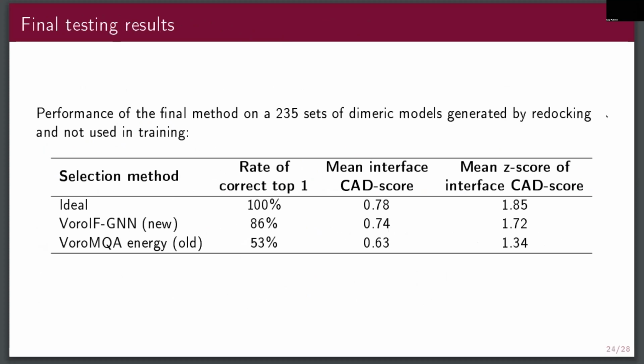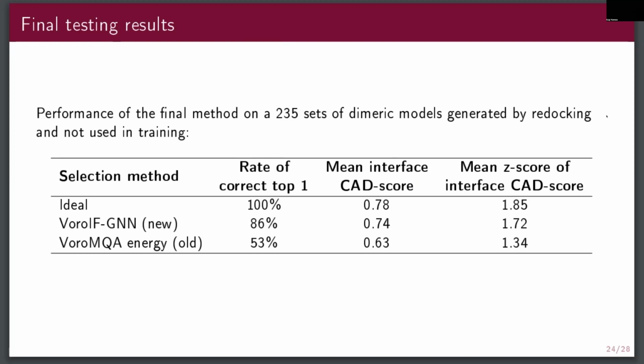And the final testing before CASP was simple. We compared the performance on a previously unseen testing set in terms of selecting top 1 models and just in general summing the CAD scores of selected models. And we compared it with the ideal selection. So basically here it is.